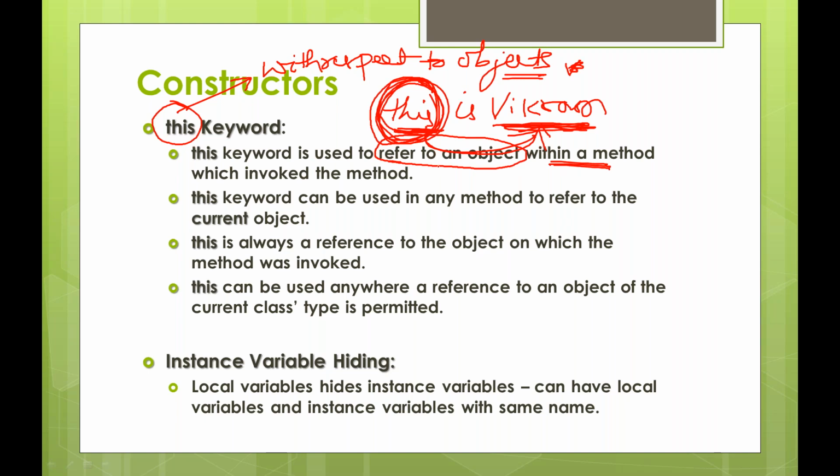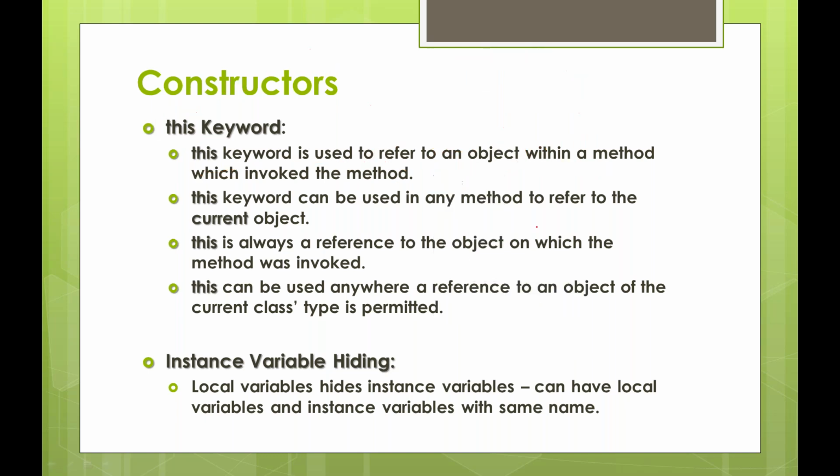This keyword is used to refer to an object within a method which invokes the method. This is very important, which invokes the method. So how can we invoke a method? Using an object. Say for example, I have Book b equal to new Book.